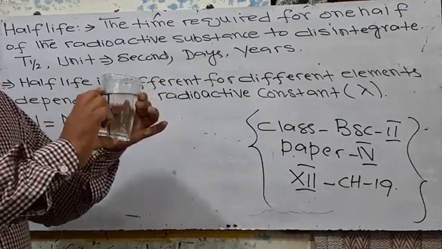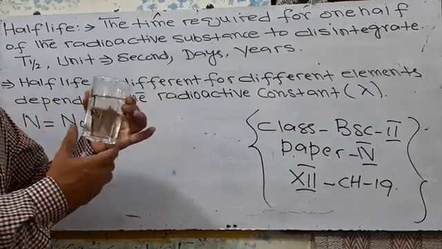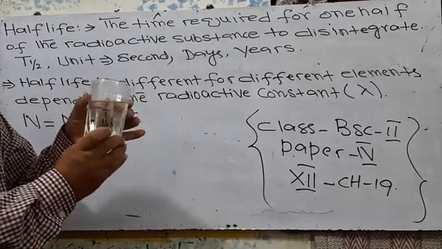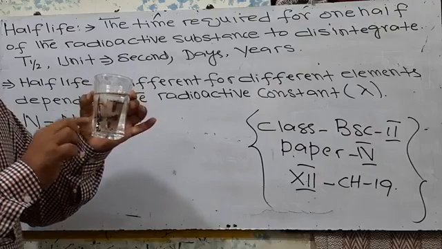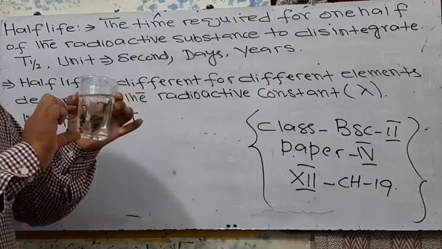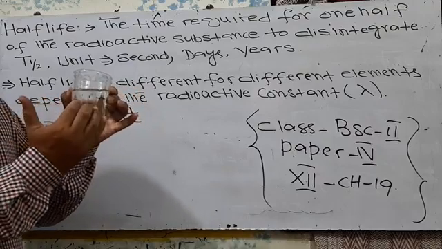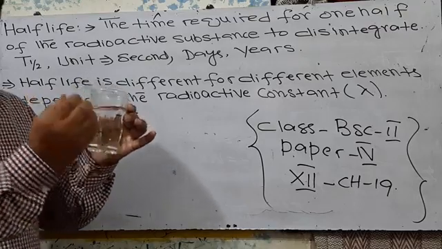N naught is the number of actual elements, and T1/2 is the time required to disintegrate half of the elements from this glass.